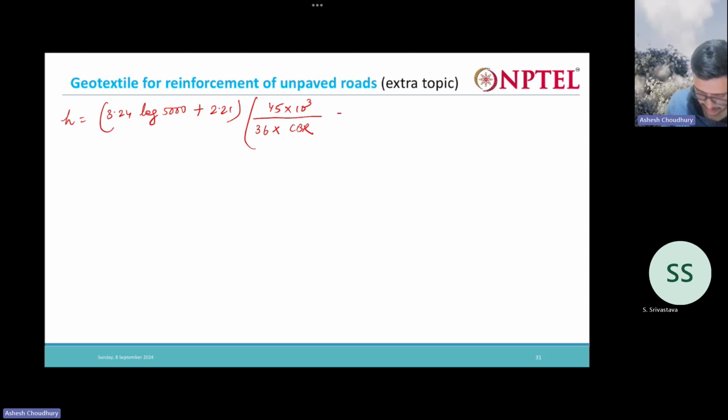The contact area is 300 into 450 divided by 2030. Alright, so from here you can get 114.11 into.